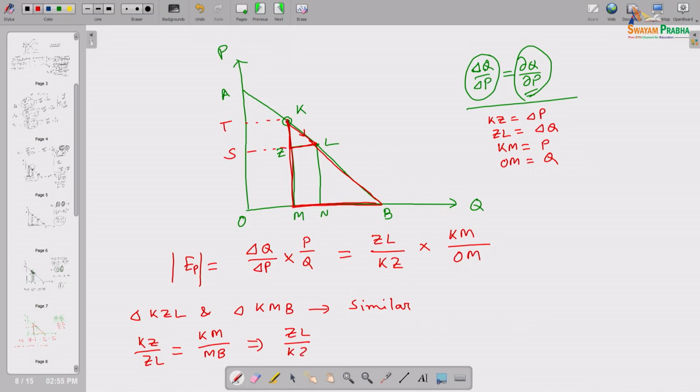So that we can write, taking the reciprocal on both sides, ZL by KZ must be equal to MB by KM.